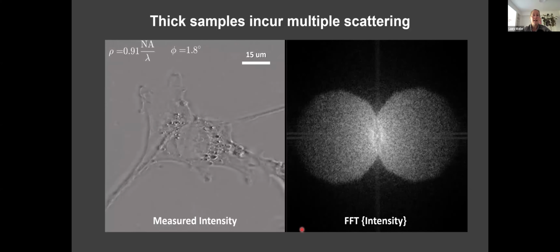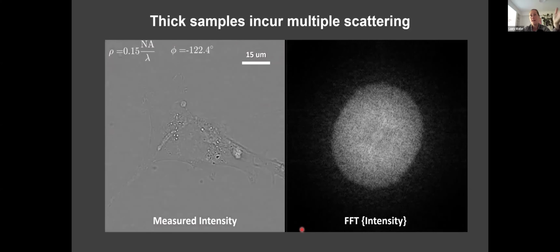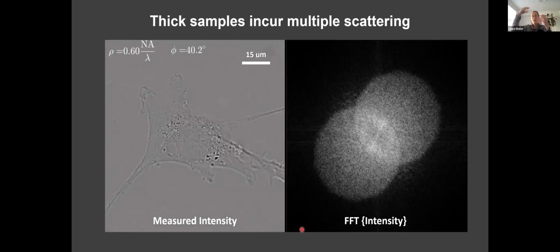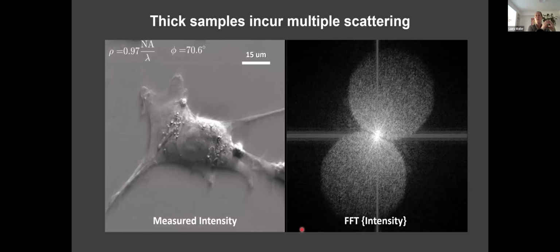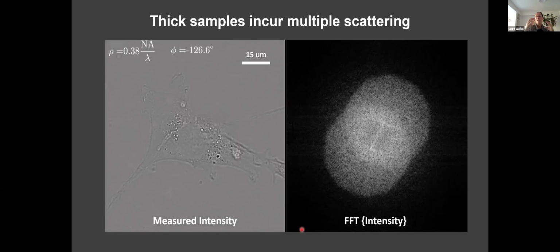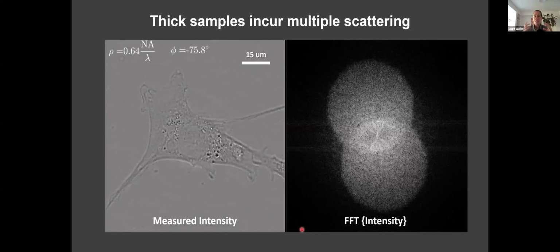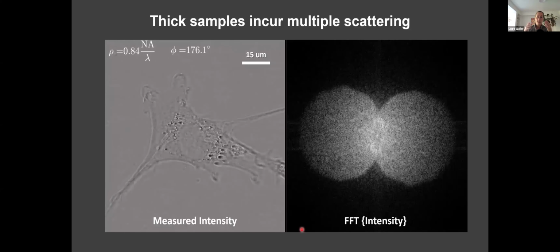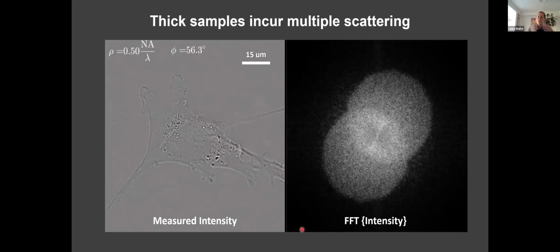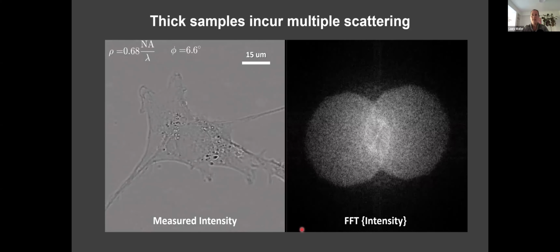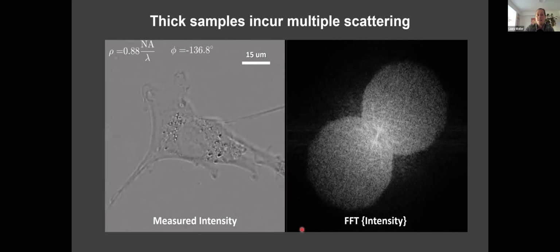What I measured is intensity, absolute value squared. When I illuminate from different angles, that shifts things in Fourier space. So that's why one of the circles is shifting with the illumination. And then the second circle is just the conjugate circle because we measured intensity. In Fourier space, absolute value squared amounts to an autocorrelation. So you're going to see the autocorrelation of a shifted circle. And this is what it looks like. And this is a hallmark of single scattering.